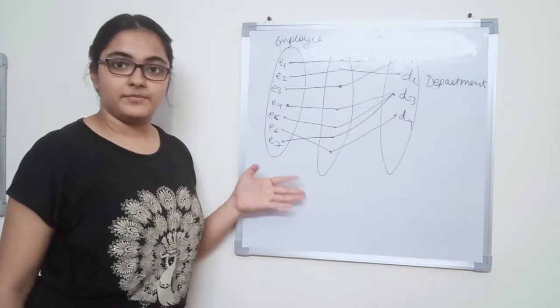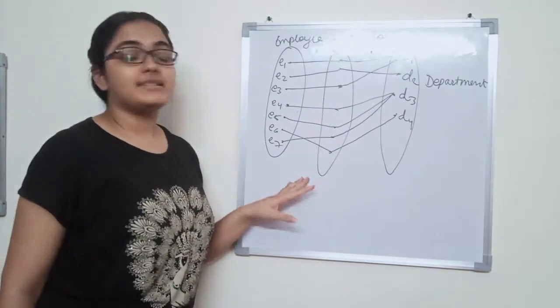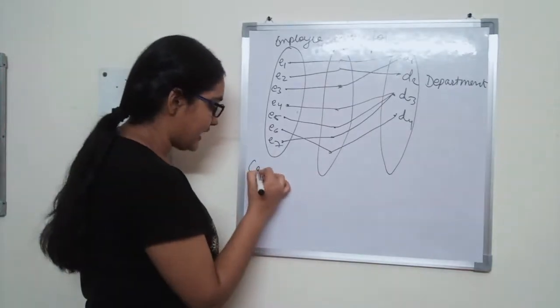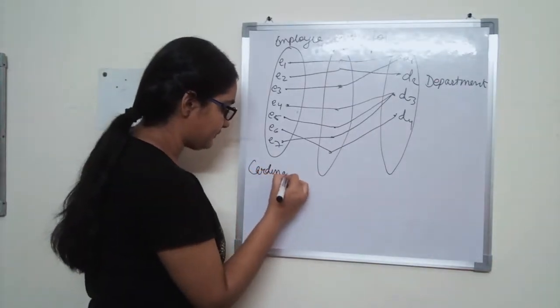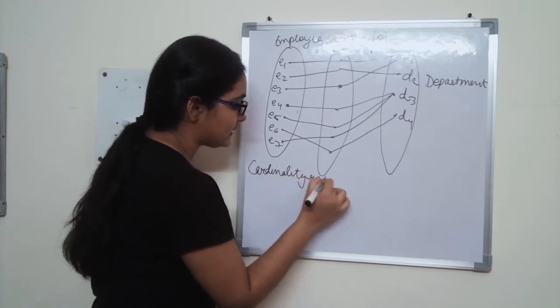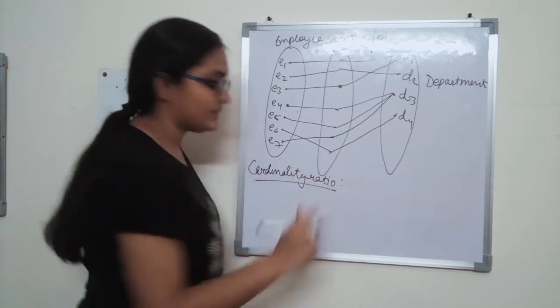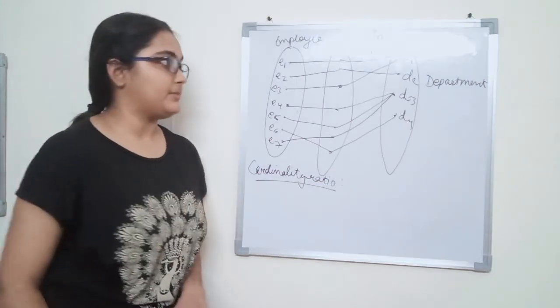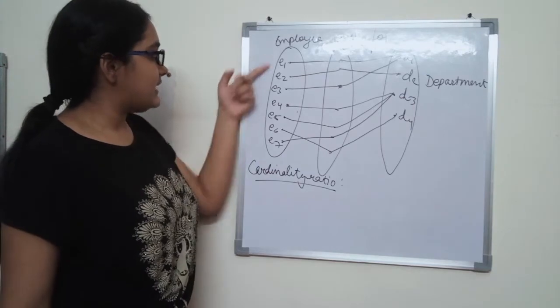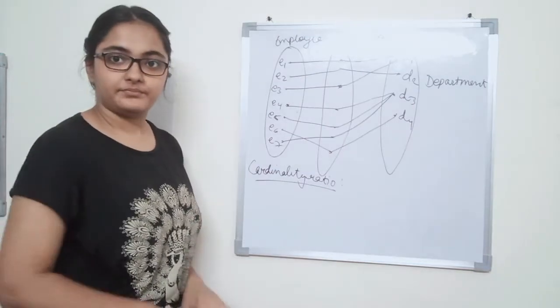So let us define more terms. Let us say cardinality ratio. Cardinality ratio is the maximum number of relationship instances in which an entity can participate. So in how many relationship instances can each entity participate here?